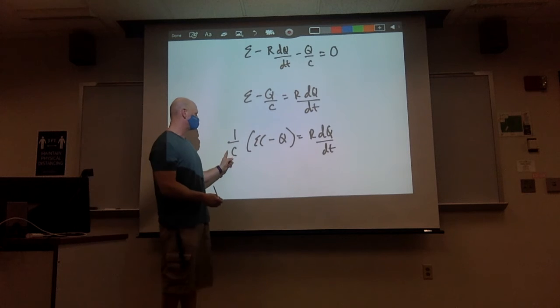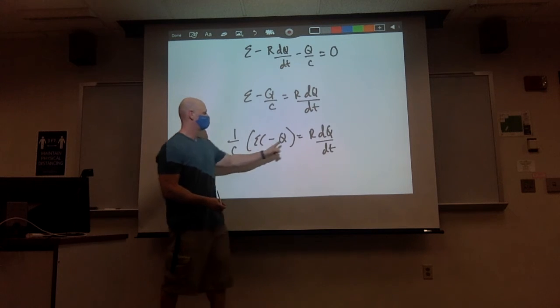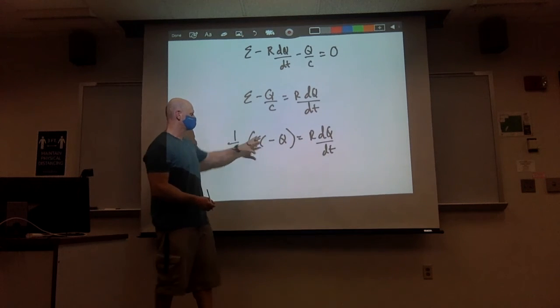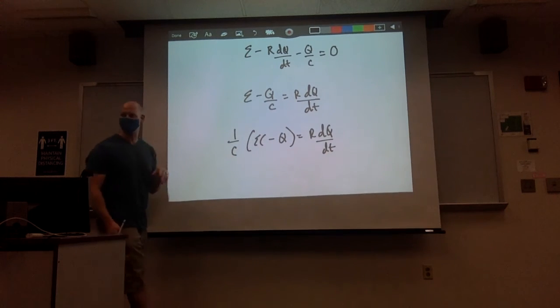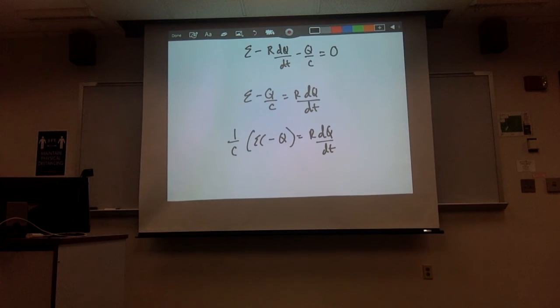So now I'm going to divide this R over here, and divide this term over here to get all the charges on one side, and then bring the dt to the other side. I'm going to do what's known as separation of variables. You've seen this 1,000 times in class, but this is what it's actually called.